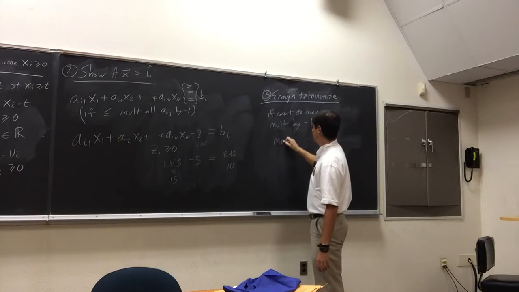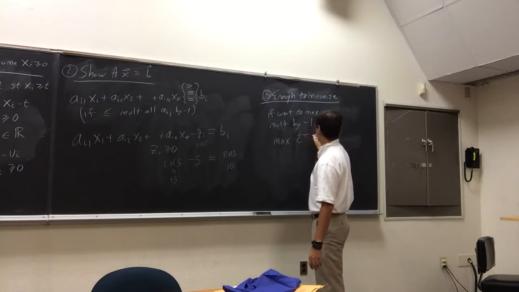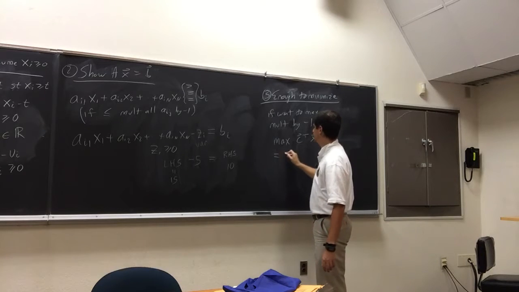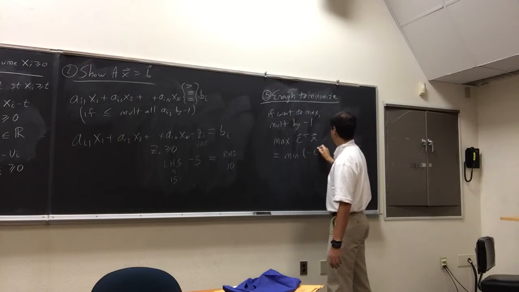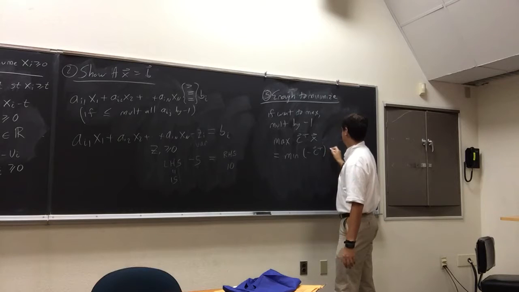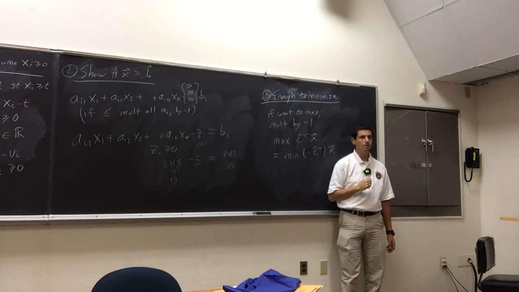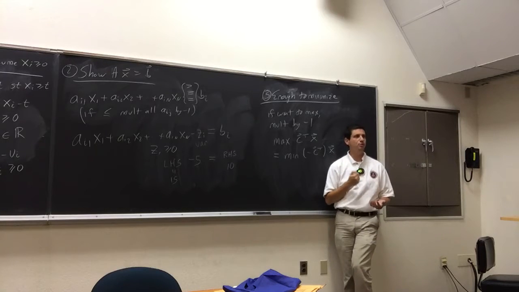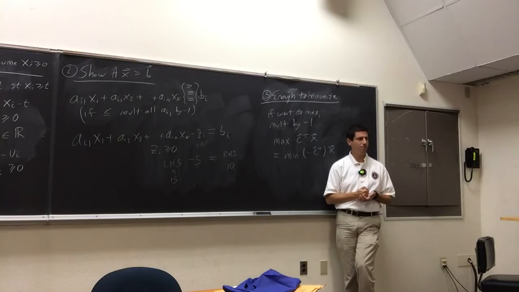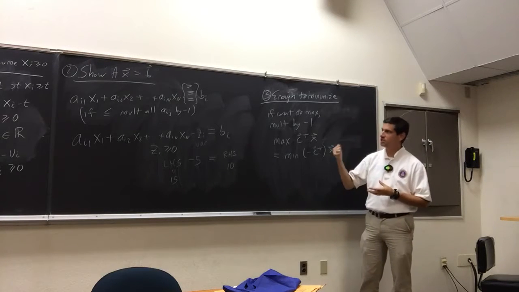So maximizing C transpose X is the same as minimizing negative C transpose times X, or dot with X. So it really doesn't matter if you want to talk about maximizing or minimizing. They're essentially the same after simple multiplication. Okay? So we can now convert any linear programming problem to something of this form.